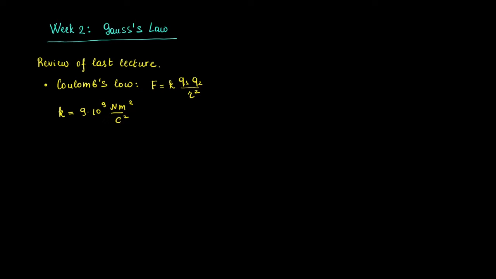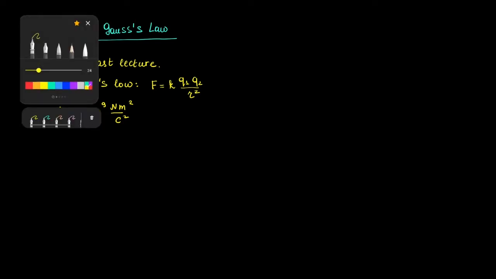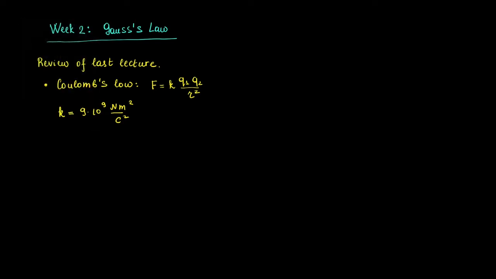Q1 and Q2 are charges, and R is the distance between these two charged particles. For example, this is Q1, Q2, and the distance between them is R.